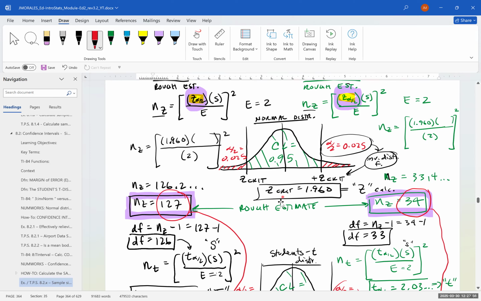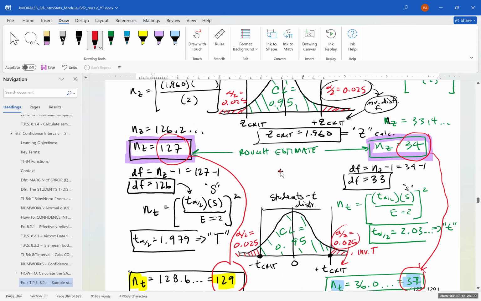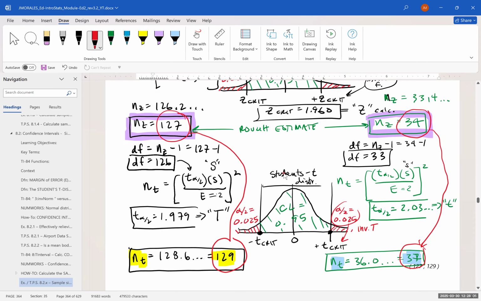You write down all these values. This is how I would write a solution to a problem. So it's beneficial for students because it shows my thinking. But when I go to study this later for an exam, I want to see what my thinking was, and the only way I can see that is if I write it down.